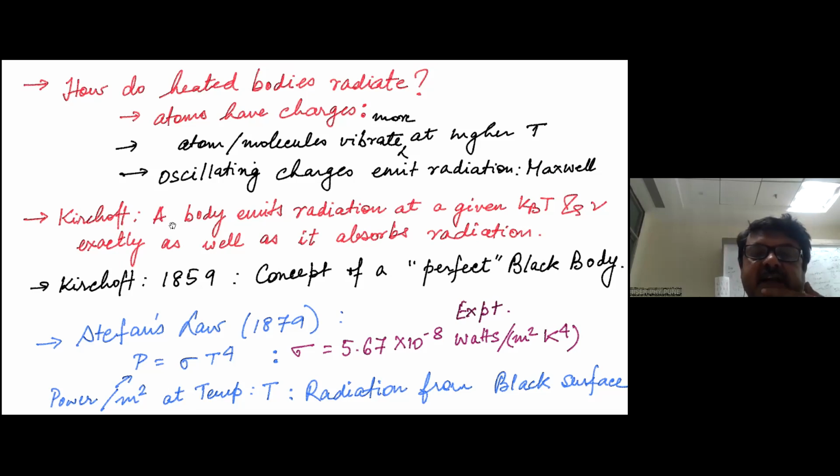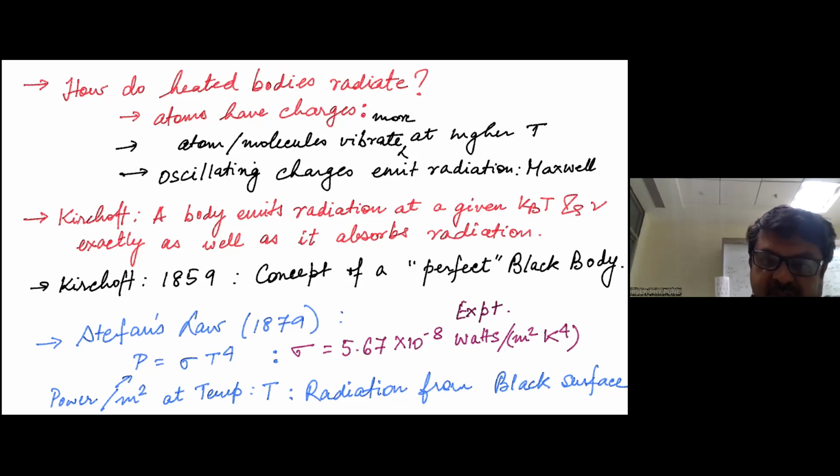So he also came up with the idea that a body which emits radiation at a certain k_BT and nu would have exactly the same absorption coefficient as its emission coefficient.